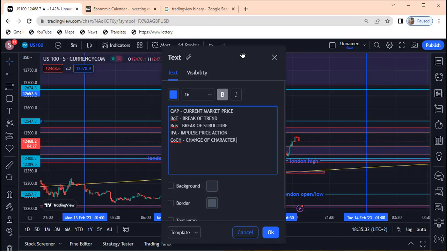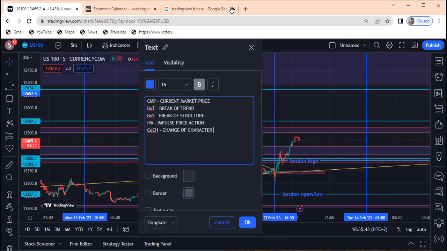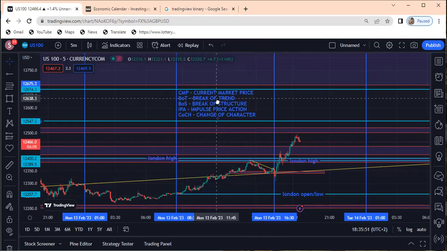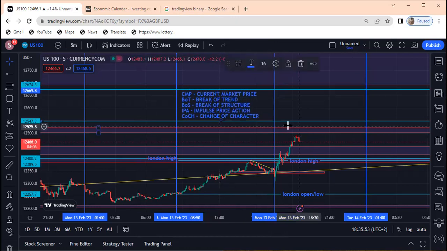We usually enter on IPAs, which are also institutional moves. A lot of institutions use these impulsive price actions, because that's how you'll be able to get a lot of liquidity out of the market quick. See that?